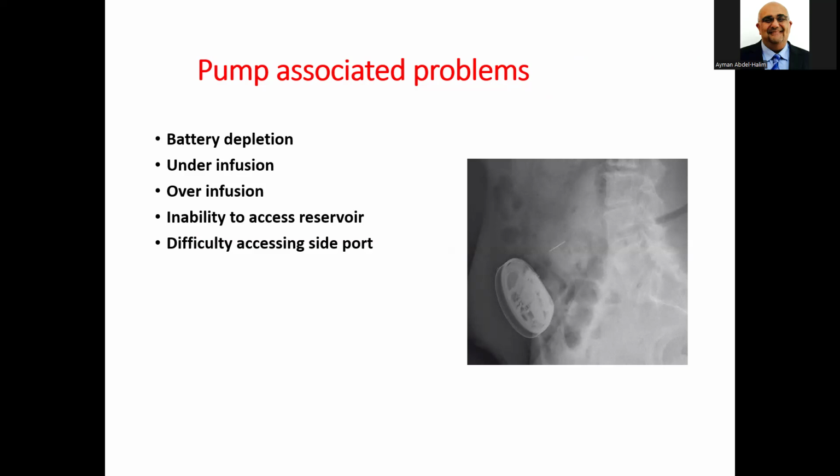I had the complication of inability to access the reservoir one time, and the patient literally had withdrawal symptoms, and we had to deal with him inside the intensive care until the neurosurgeon came and adjusted the pump. It was flipped. The patient had a lot of free adipose tissue under the skin, and the pump was flipped, so he had to return it back and do some suturing and all that.